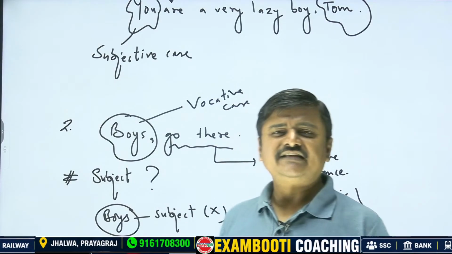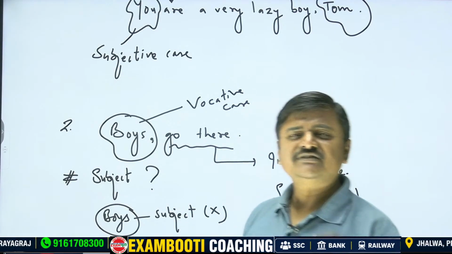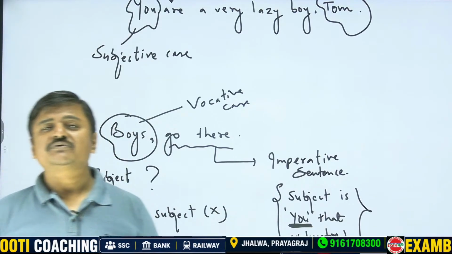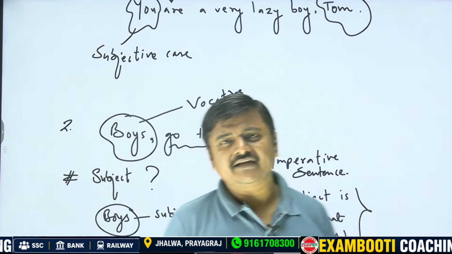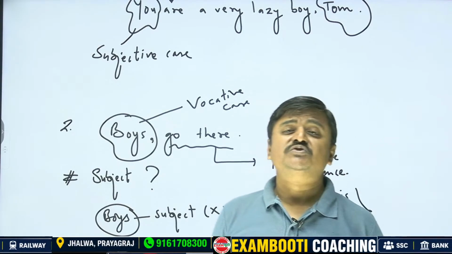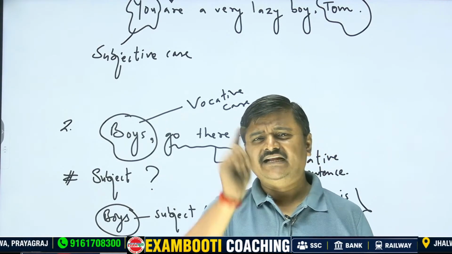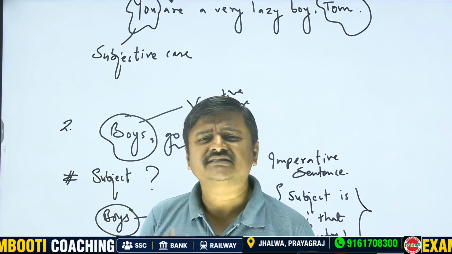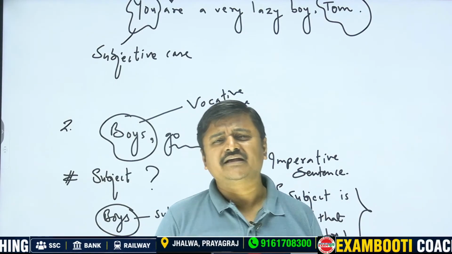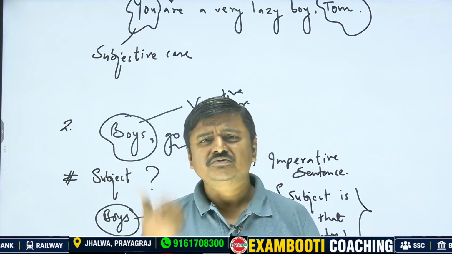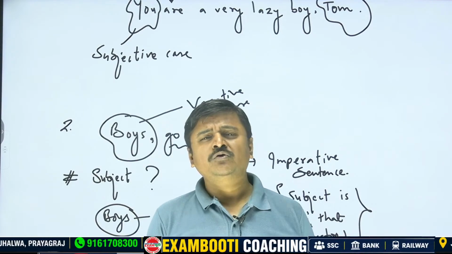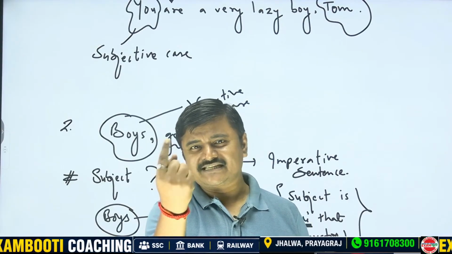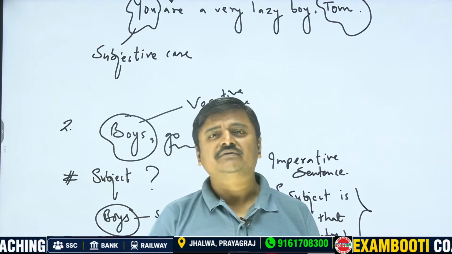In an imperative sentence, there is always you as a subject, and you is understood. Nobody should speak it, nobody should write it, because it is understood. When I say stand up, sit down, whom am I calling to stand up or sit down? To whom? You. You stand up. You sit down.